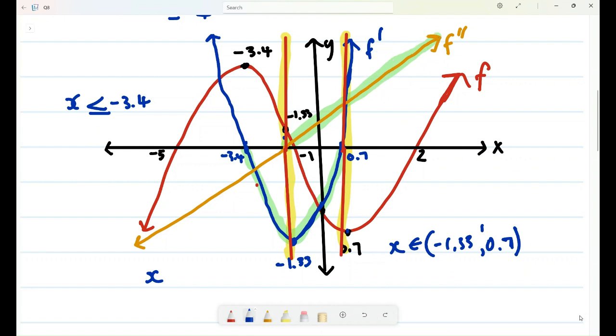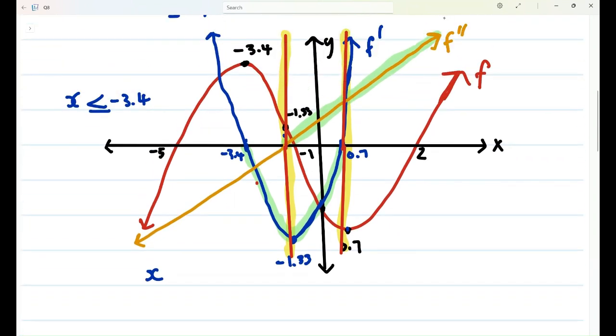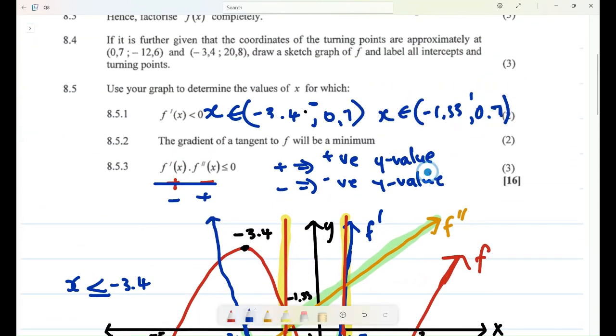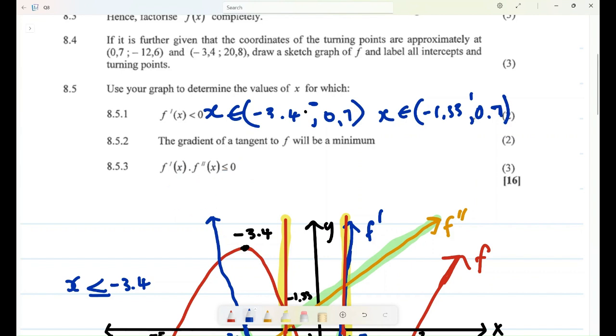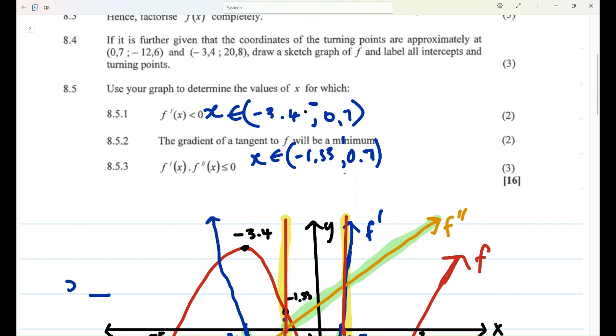It means the only answers that we want are here, between -1.33 as well as 0.7. These are our answers for 3 marks.